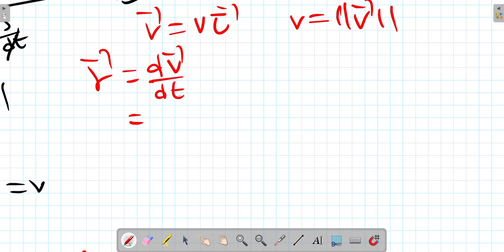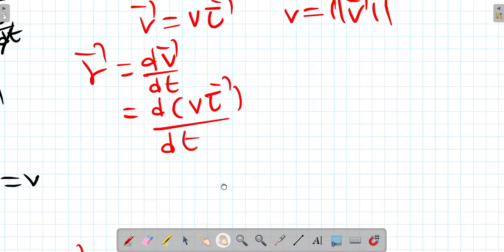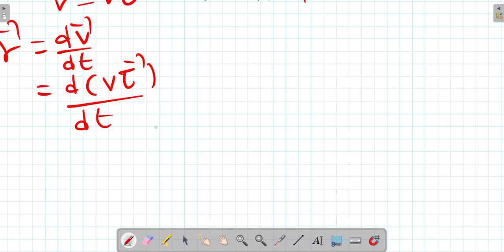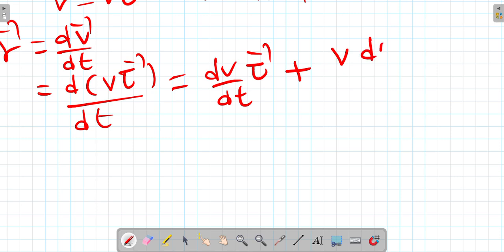Our expression of v is v tau, derived with respect to time. Here we apply the product rule. We have two things: we derive dv over dt, keeping tau constant, plus the second component, where we keep v constant and have d tau over dt.